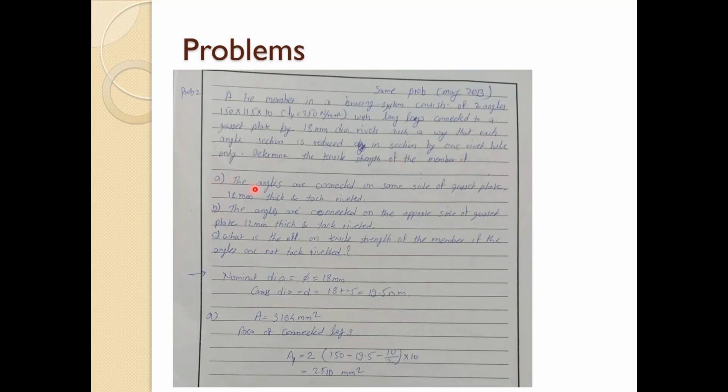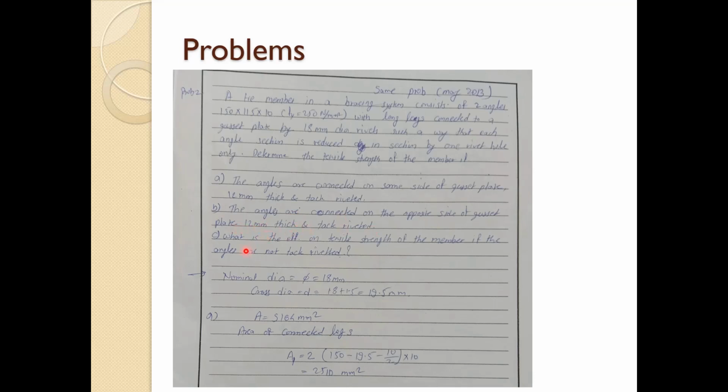The first condition is the angles are connected on the same side of the gusset plate, 12 mm thick, and tack riveted. Second, the angles are connected on the opposite sides of the gusset plate, 12 mm thick, and tack riveted.